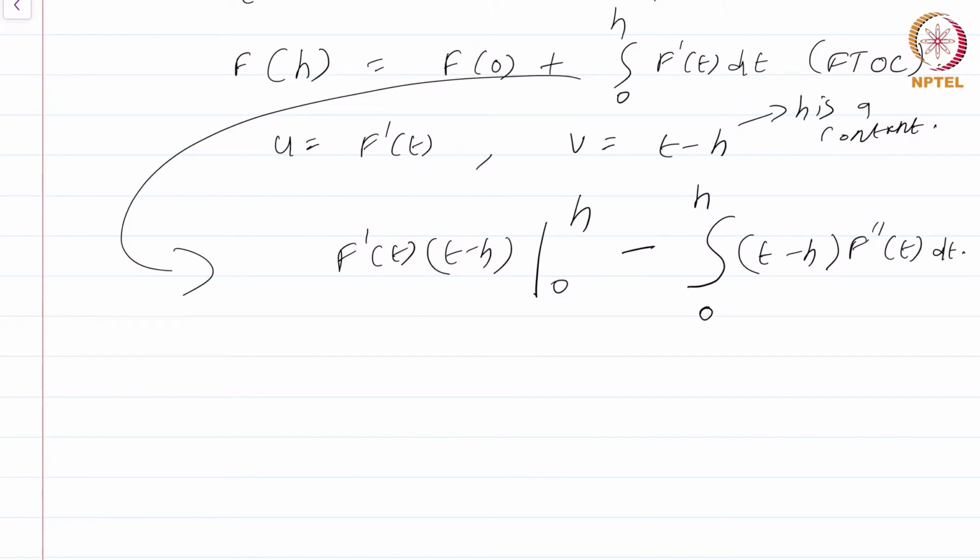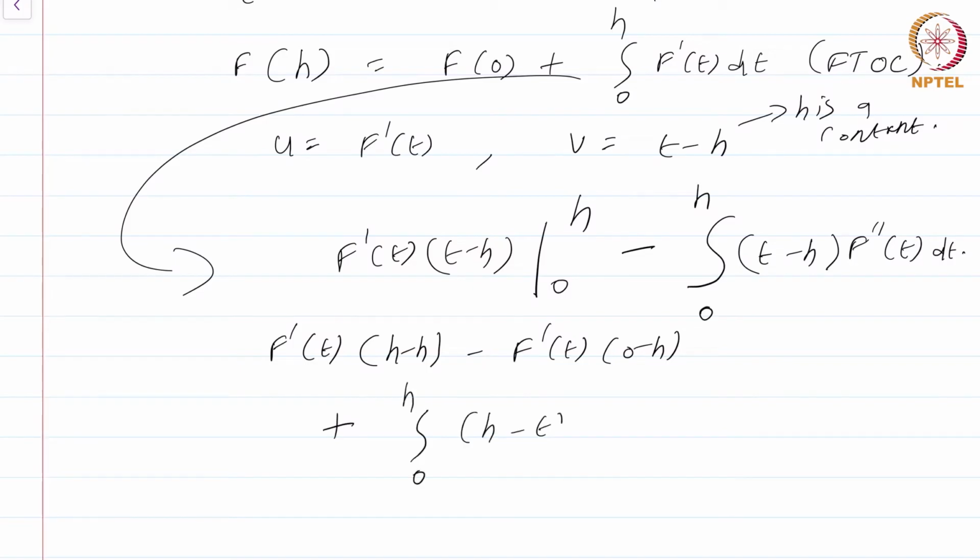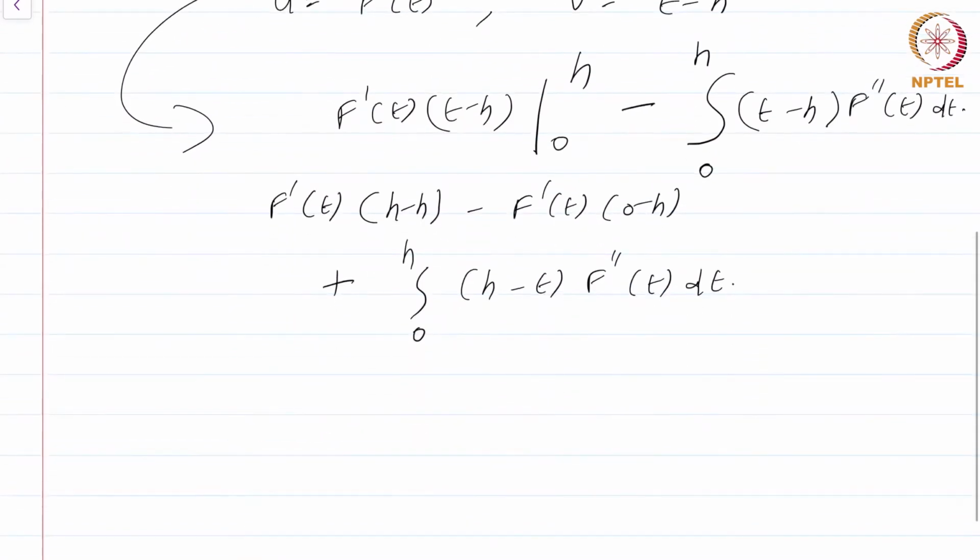Now let's see what happens. You will get the first term, f prime of t into (h minus h), minus f prime of t into (0 minus h). And if you don't mind this minus sign, I'll make it a plus sign and write the integral from 0 to h of (h minus t) f double prime of t dt. Okay, so I've done nothing, I've just taken the minus sign inside.